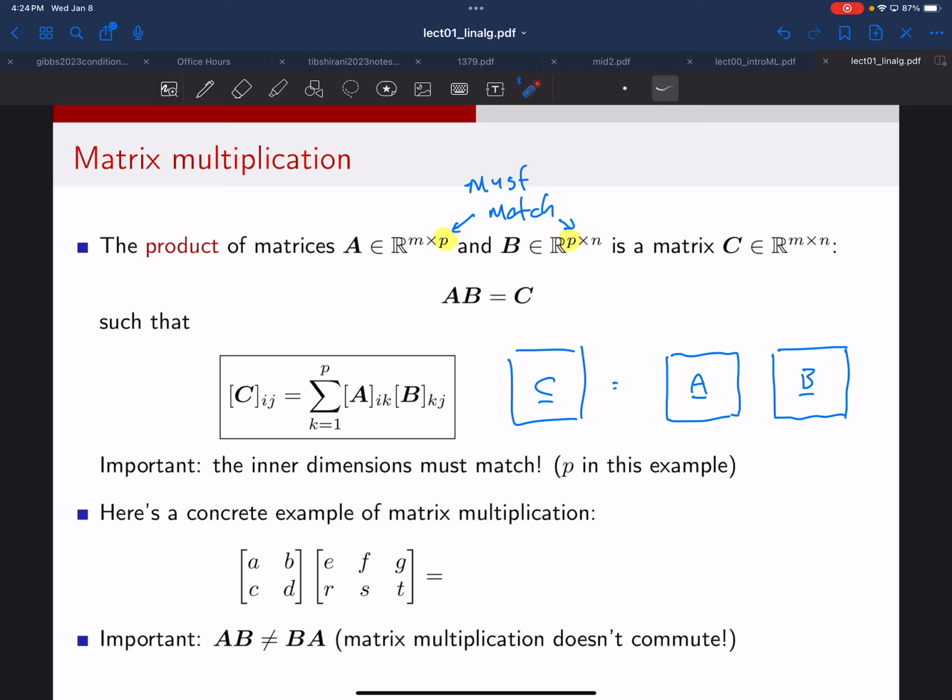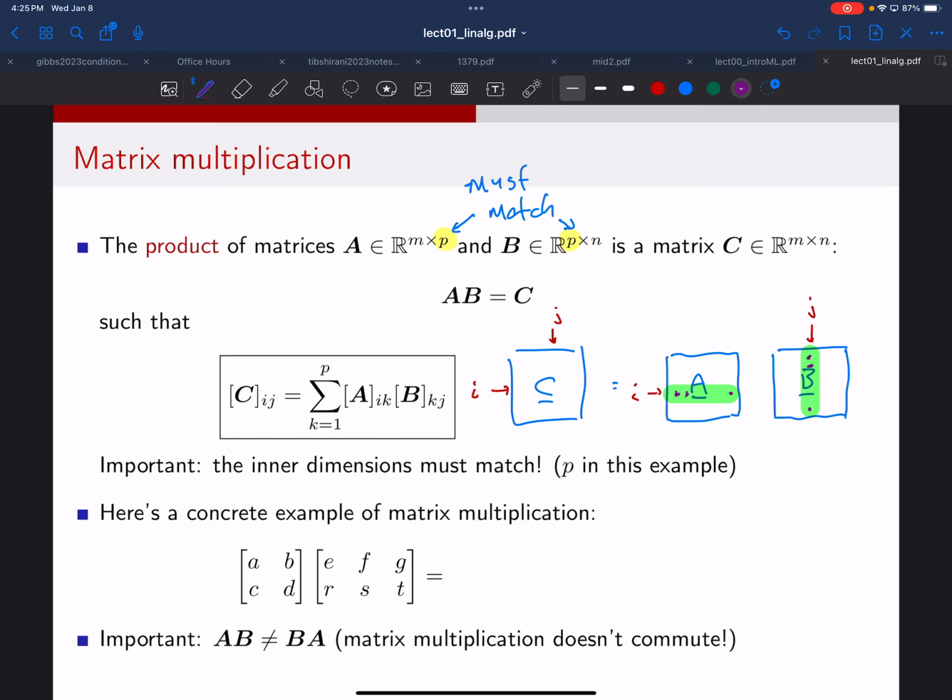And now coming back again to this picture here, if I want to say what is in the ith row of C and the jth column, so that is this. That's the ith row, jth column element of C. That's some element in the middle there. What I'm going to need to do is I'm going to need to look at this row of A, which is the ith row, and I'm going to multiply that times the jth column of B. So in other words, I'm going to do this number times this number, first times first plus second times second, dot, dot, dot, times last.